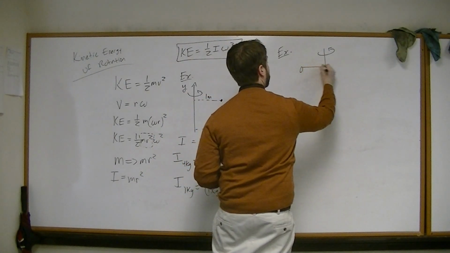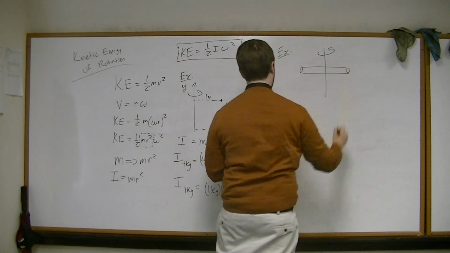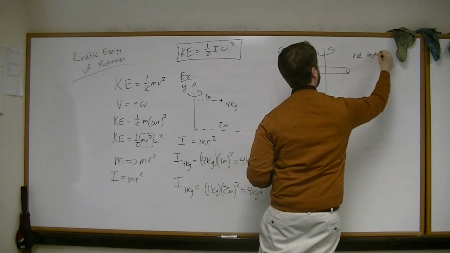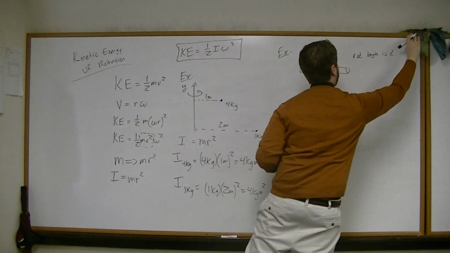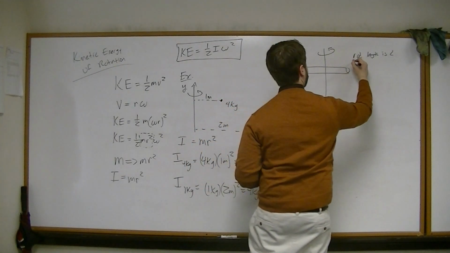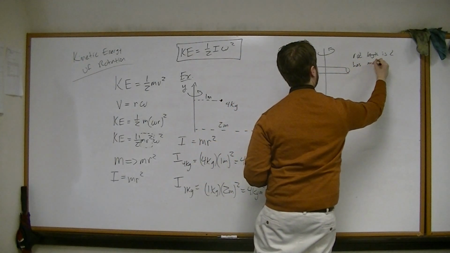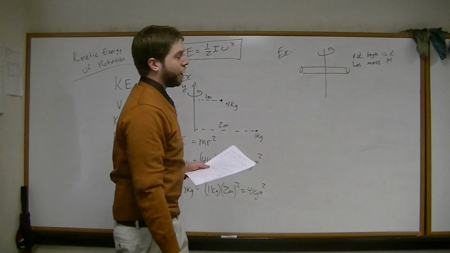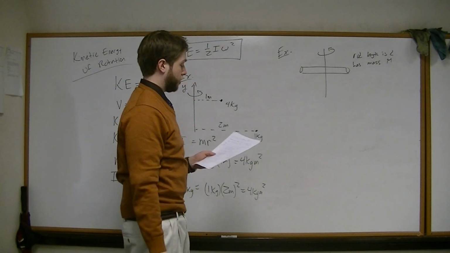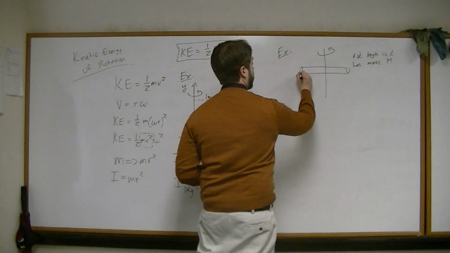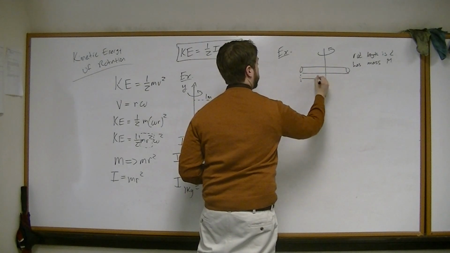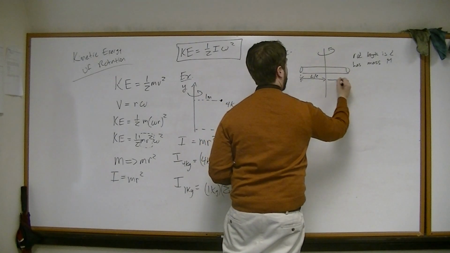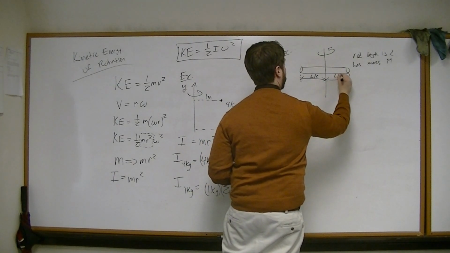The rod has an overall length of L, and it has mass, let's say big M. We're going to give ourselves some symmetry on this problem to start. So we're going to say that the axis of rotation cleanly cuts through the rod, so we have L over 2 on one side, L over 2 on the other side.